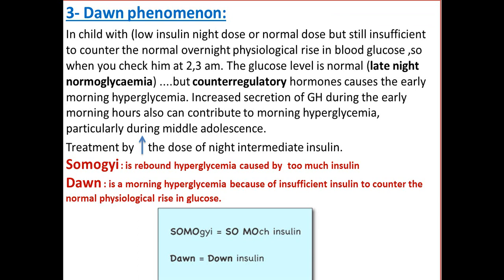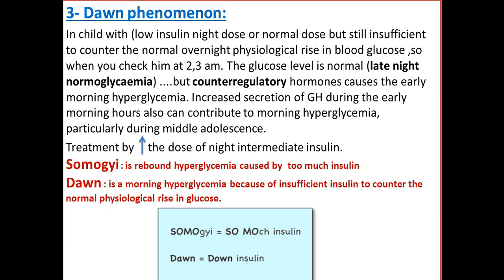When we check at 2 to 3 a.m., the glucose is normal. We call it late night normoglycemia, but in the early morning, starting from 3 to 4 a.m., the counter-regulatory hormones rise and increase, causing hyperglycemia.